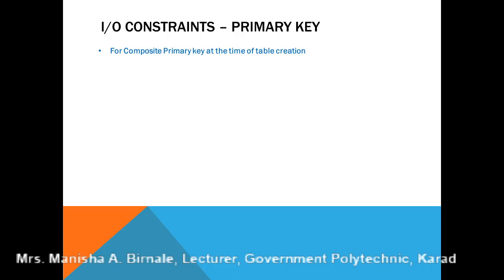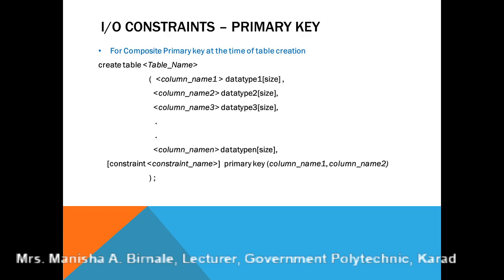Now another way of creating a primary key. If you want to create a composite primary key at the time of table creation. Composite primary key means the primary key is composed of more than one attribute. So this is the syntax for creating a composite primary key. Create table, then write the table name, and then in round brackets specify the column names and their data types.